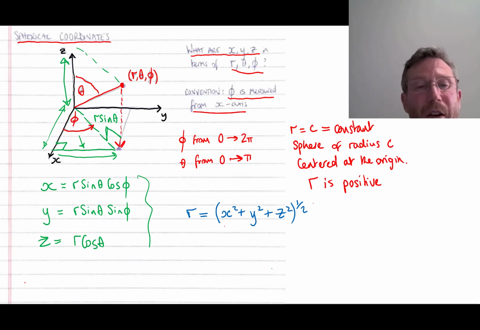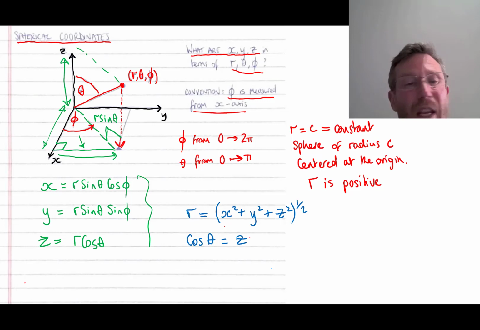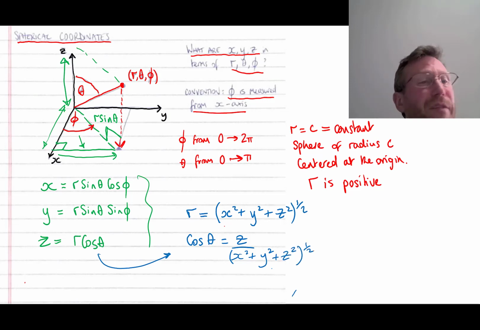What other things can we recognize in here? A couple of trigonometric equivalencies. We can say cosine theta, by the way, is equal to z divided by x squared plus y squared plus z squared, all raised to the half.